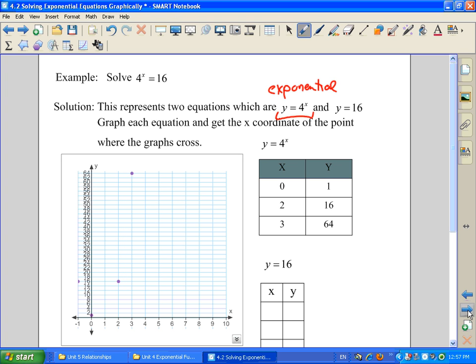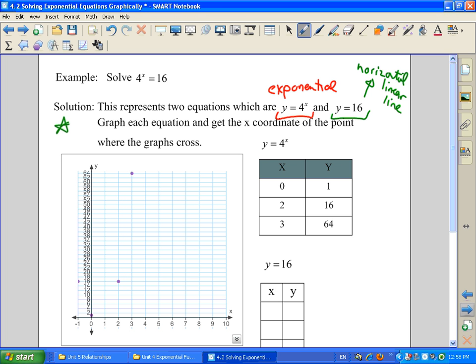And the second one is y equals 16, and that is a horizontal linear line. Today we're going to learn how to solve by graphing. In the next couple lessons, we'll learn how to do it algebraically. So graph each equation and get the x-coordinate of the ordered pair where they cross.